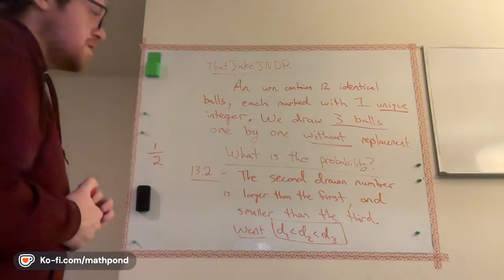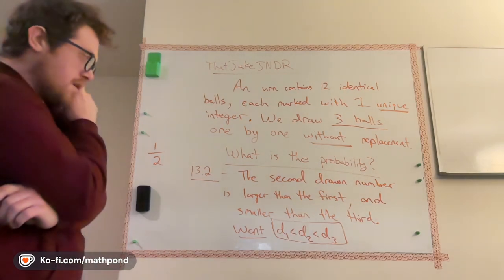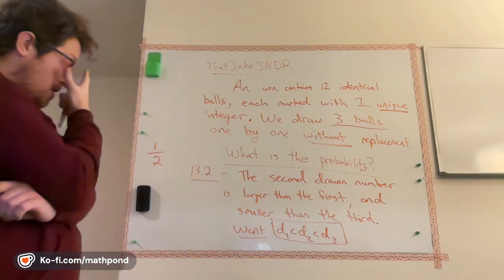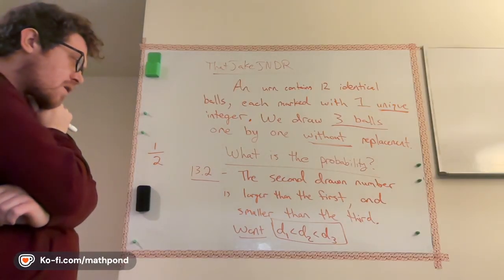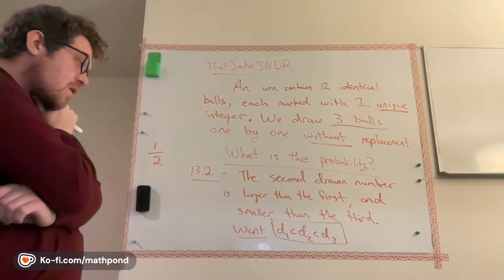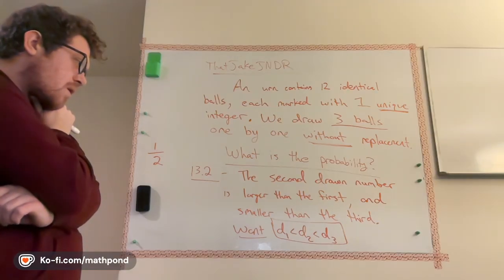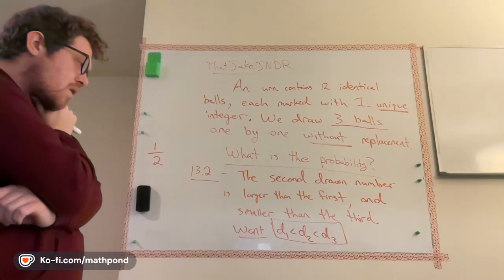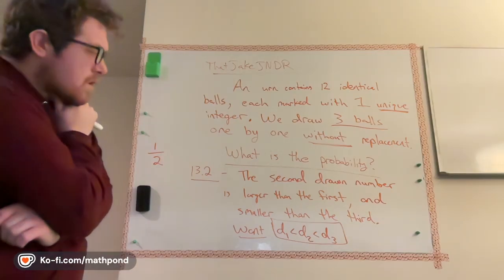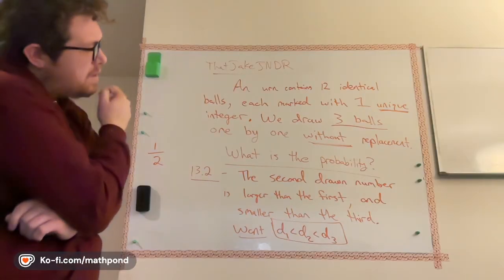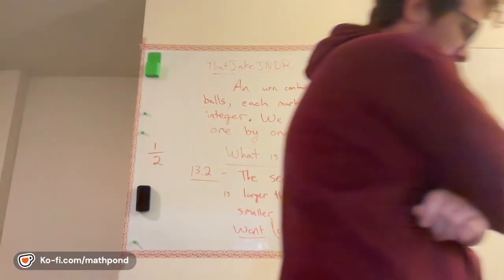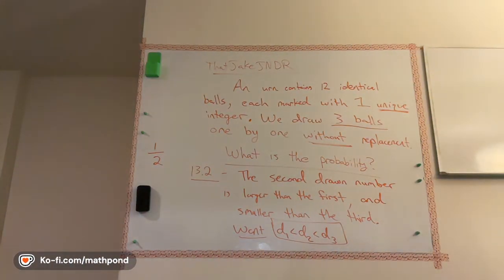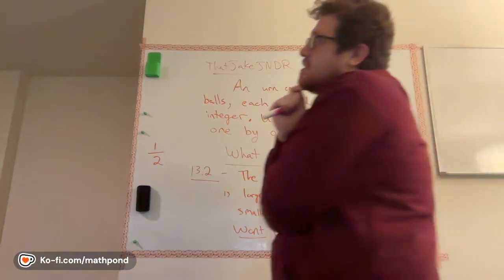Or is there some double counting that needs to be done? Let's see. Yeah, how do we prove that? I feel like it's 1/6, but I'm not sure. Is there like a slick proof?